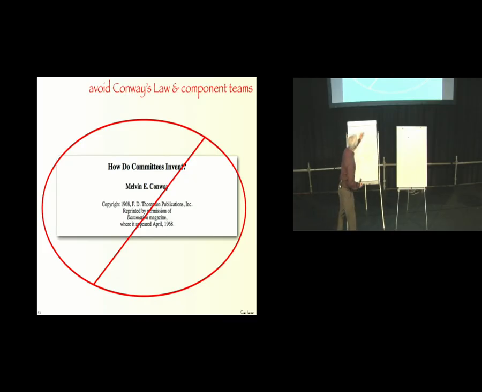If you have departments that are developing parts of the architecture, C1, C2, C3, these departments are departments of people. These departments of people will tend to reinforce an architecture in which there's components C1, C2, and C3.